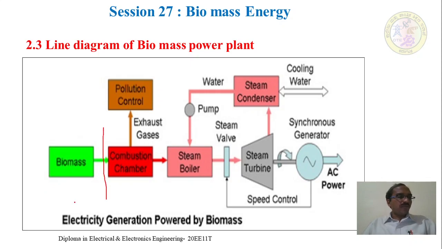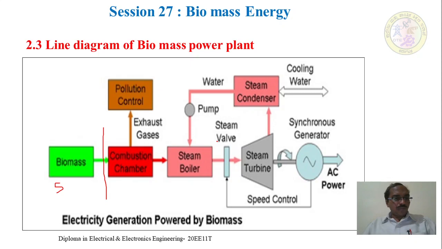These biomass sources will be fed to the combustion chamber, where they get converted into heat. That heat will be given to the steam boiler, where it will convert the water into steam using the heat fumes from this combustion.